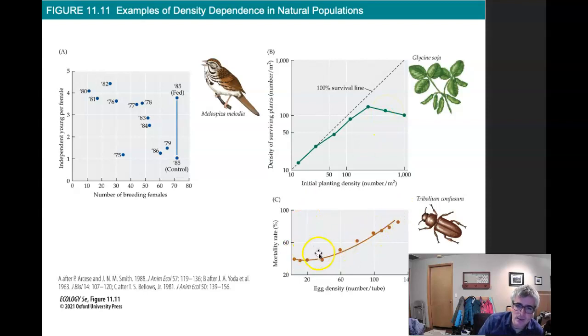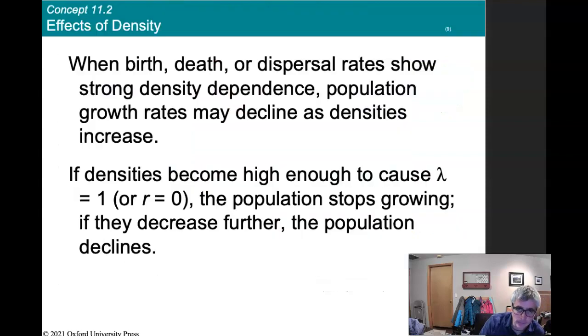So egg density per tube, mortality rate. If you put a few eggs in a tube with some flour, the beetles are happy. If you put lots of eggs in the beaker with some flour, most of them die. When birth, death, and dispersal rates show strong density dependence, population growth rates may decline as densities increase.